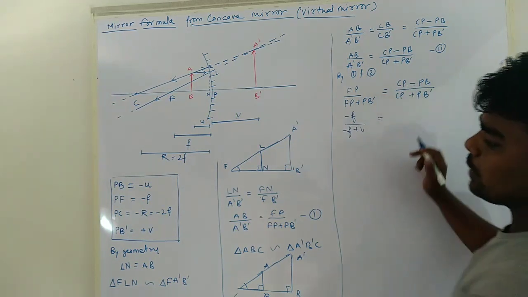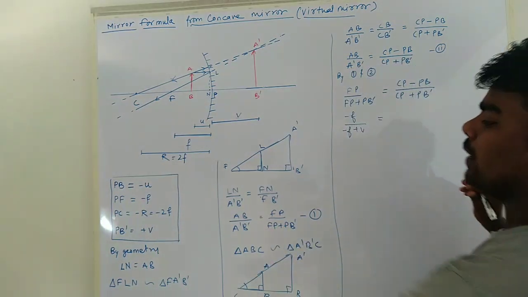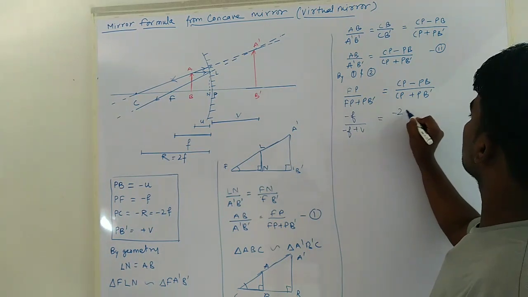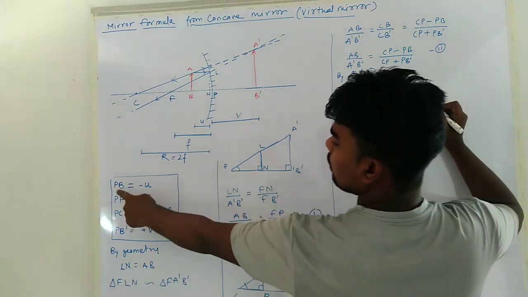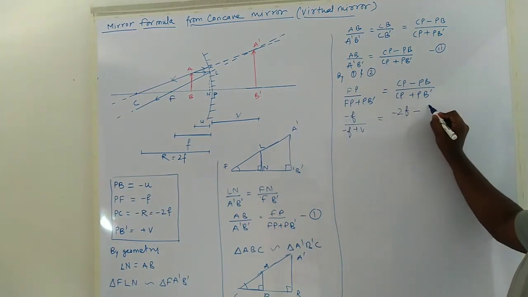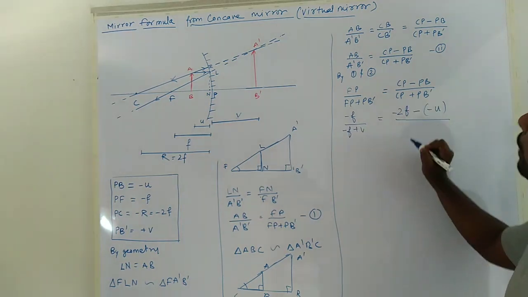What is the value of CP or PC? Minus 2F, instead of putting minus R I will put minus 2F, minus 2F minus PB. PB is minus U, so this minus is there and the value of PB is minus, so minus U upon CP.